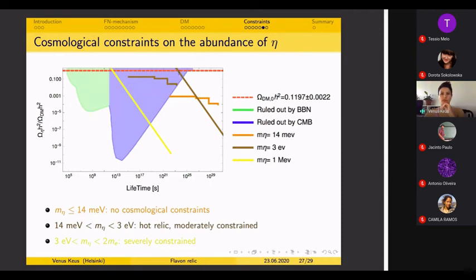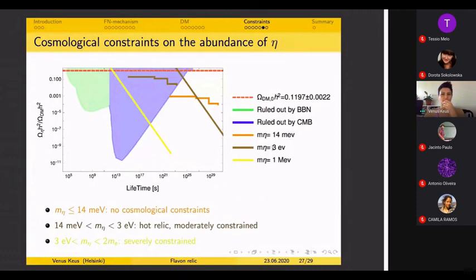there are certain regions of the VEV or lifetimes that are ruled out by the CMB. And again, 3 electron volt is still a hot relic. So you do have to worry about the abundance not being above, let's say, 0.01 of the observed relic density.